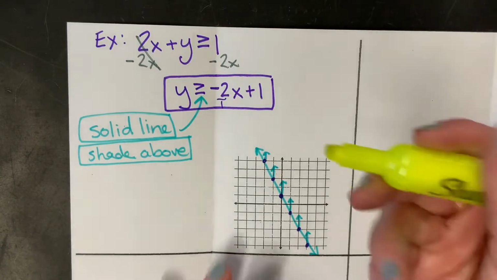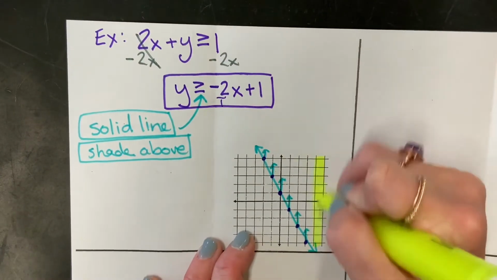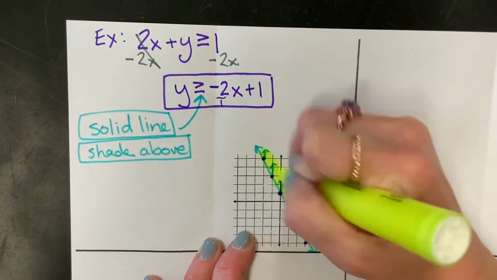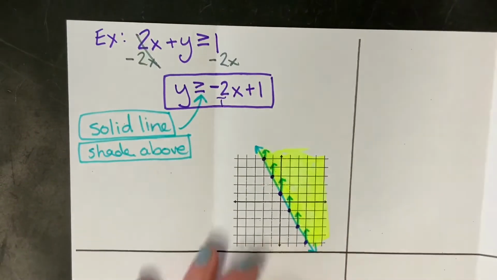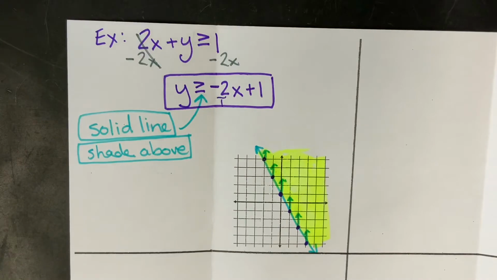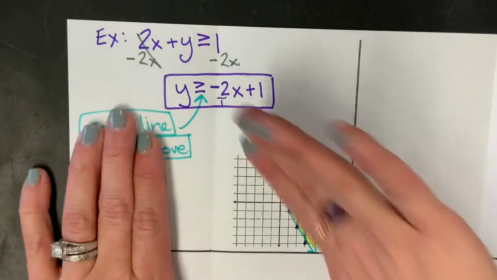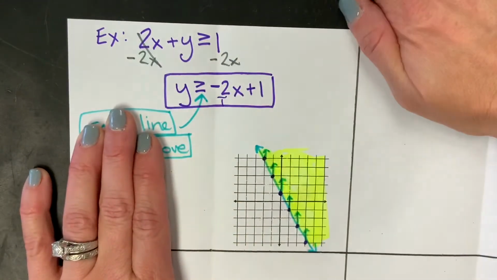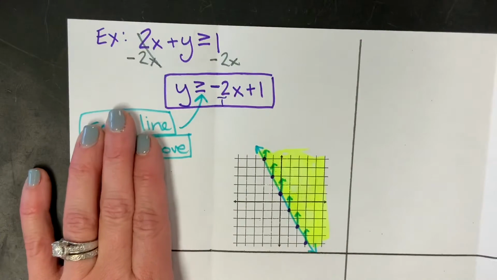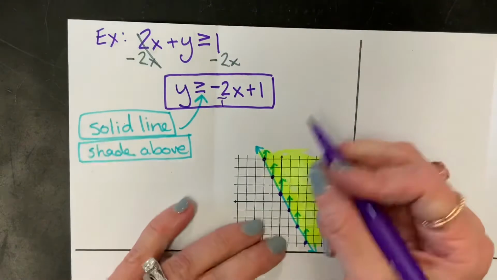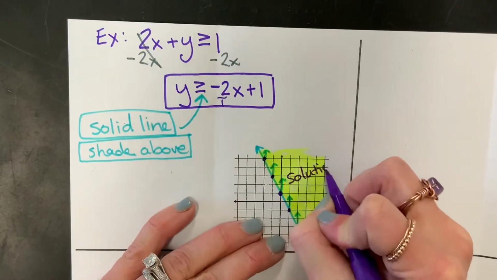Okay, so then I'm going to shade everything on this side. This is called a half plane. If this line were to keep going out and out, it would be all those solution points to that side of the line. These are the solutions.